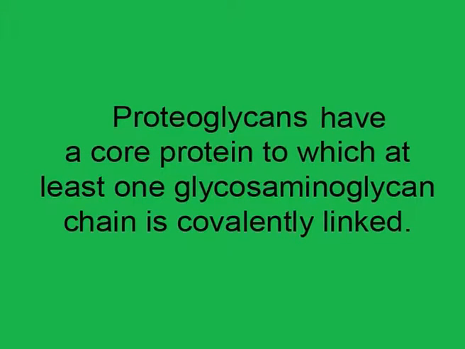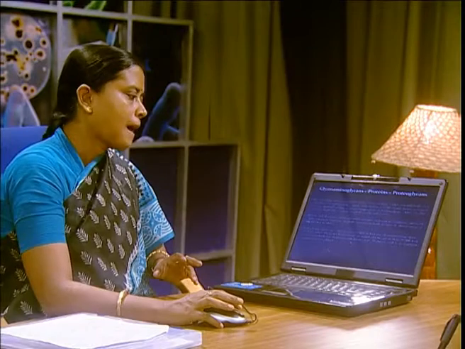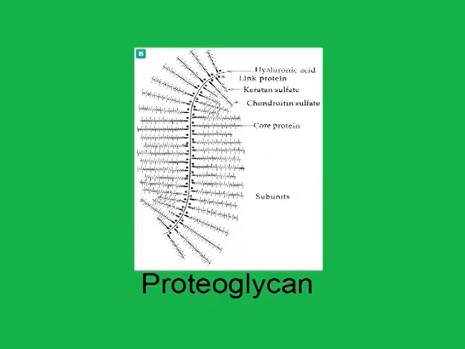These are the proteoglycan subunits, joined with the help of a link protein to one molecule or several molecules of hyaluronan. This entire structure has been depicted in the next picture.